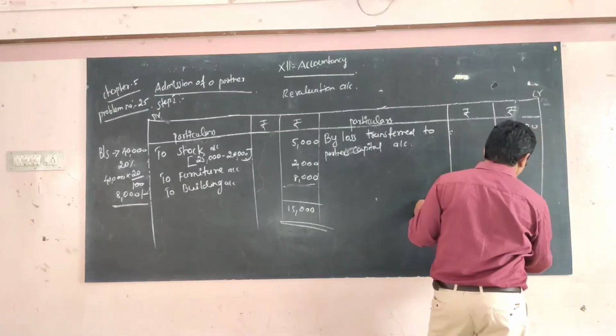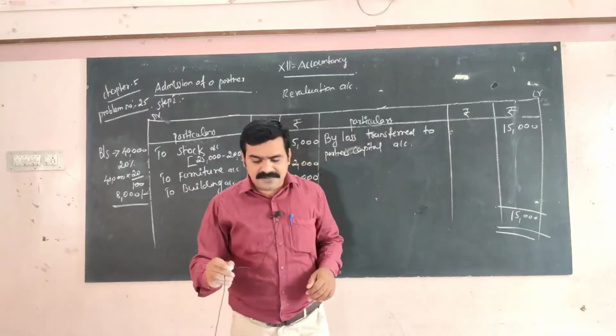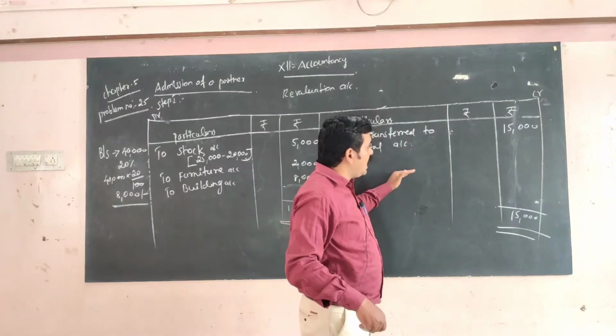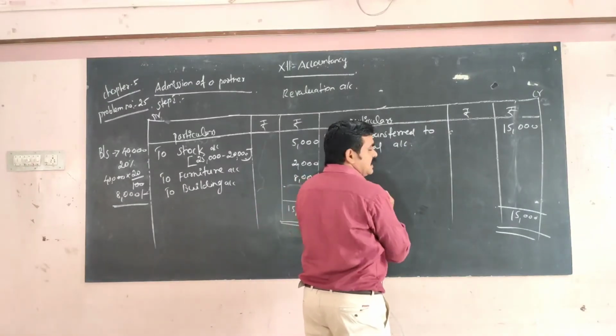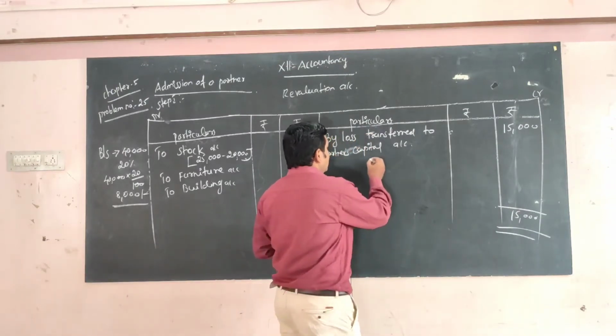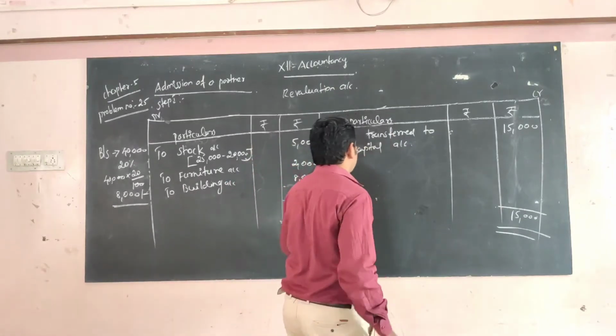Now that 15,000 amount is shared among the old partners. How will I distribute and share it? First, who are the partners? Sundar and Suresh.